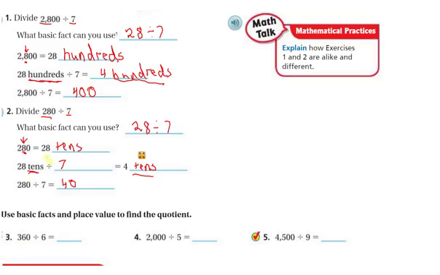We don't have to write out all the steps, but that's just so you can see kind of basically what's going on. But really, when we look at this, we see there's a 0 here, so I can think about getting rid of that and having 36 divided by 6 is 6. And then that 0 that I took off, I now have to add to the end of my answer, 60.